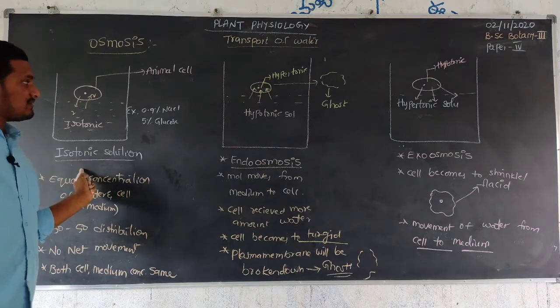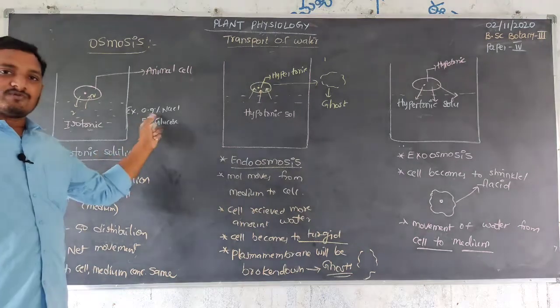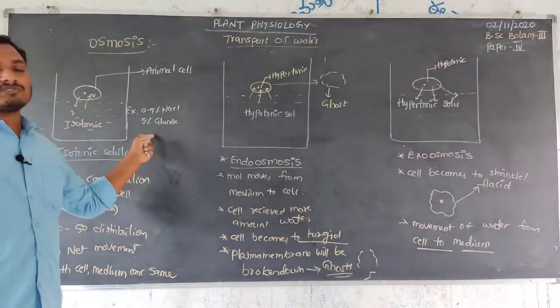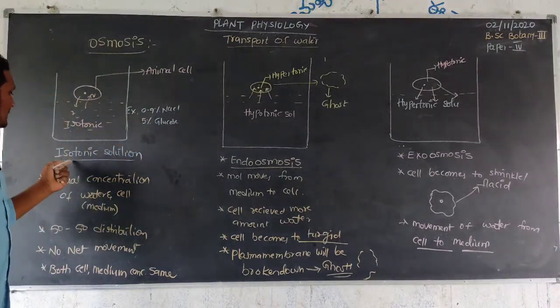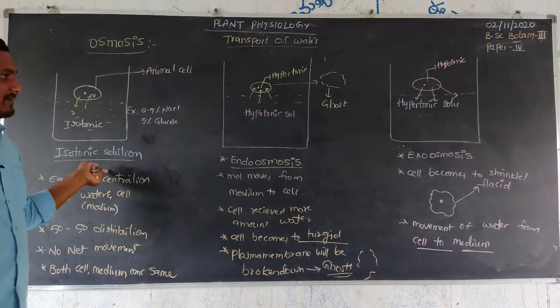In isotonic solution, 0.9% sodium chloride and 5% glucose are common in our blood.